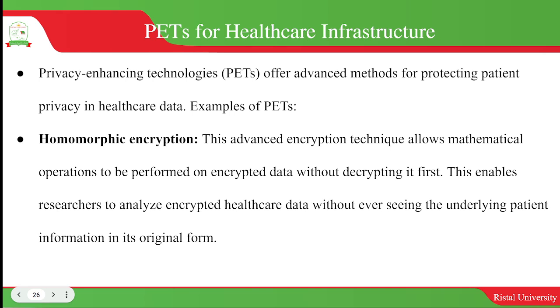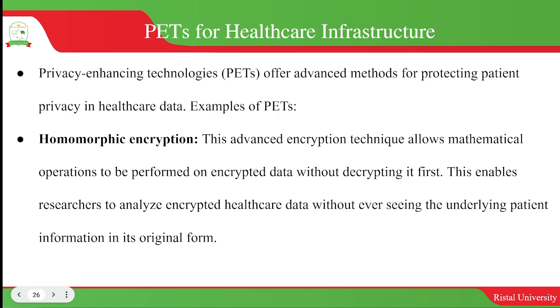So what homomorphic encryption does is that it allows you access to this data, but the identifying information about patients is what you are not going to have access to. I hope that is very clear.